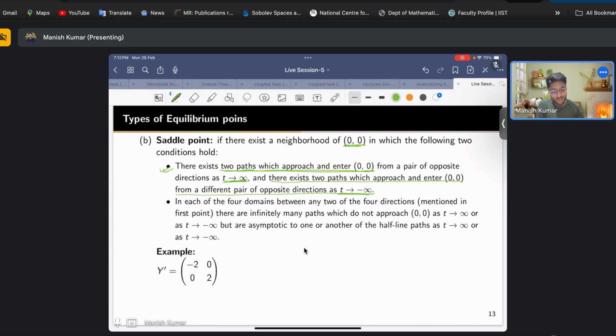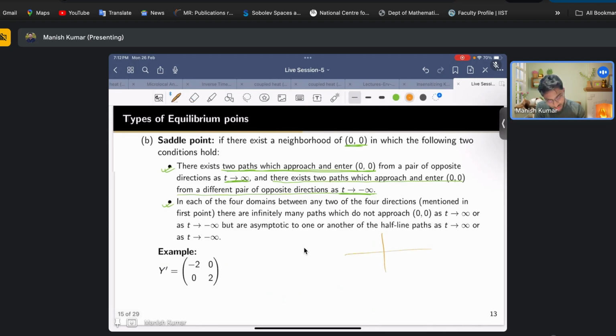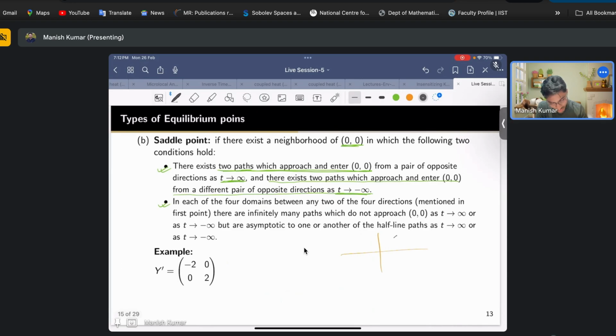I'll explain through examples; it will be clear from the example. The third condition is, let me explain pictorially, then I'll go to the example. The first condition says you should have this kind of thing as t goes to infinity.